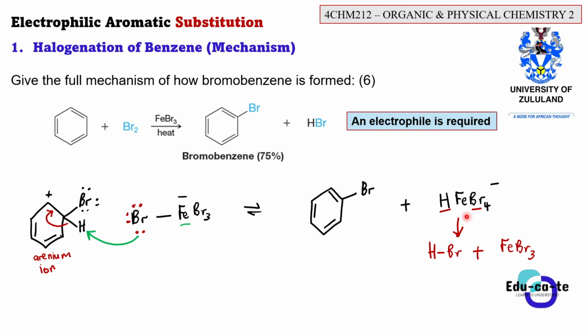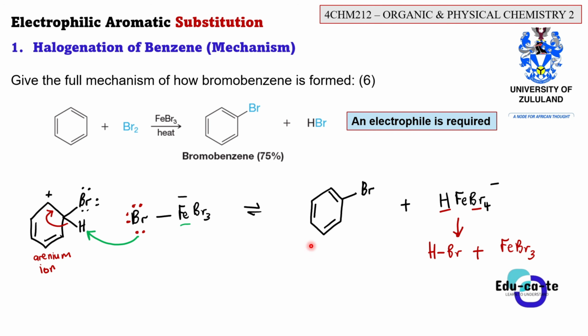But this is relatively not stable, something that doesn't really exist in actual terms. What happens is that this hydrogen will bond with this one bromine to form HBr. Then we remain with FeBr3.